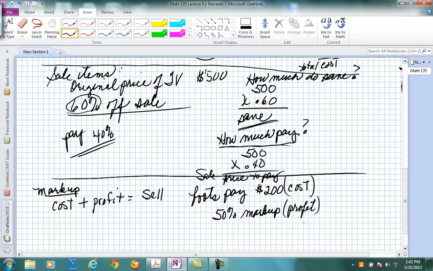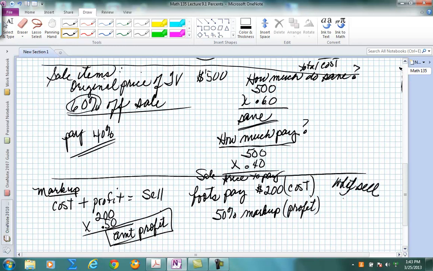What you will do is take the price of the boots and you will multiply them by 50 hundredths, and this will be your amount of profit. If you want to know what you're going to sell the boots for, then you would take the cost of the boots and multiply it by 1.50, because this would add back on the price of the boots plus your profit.